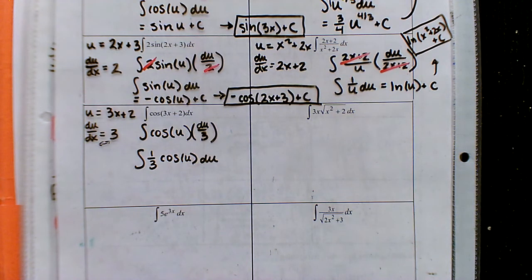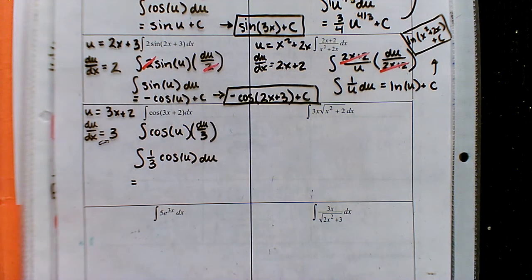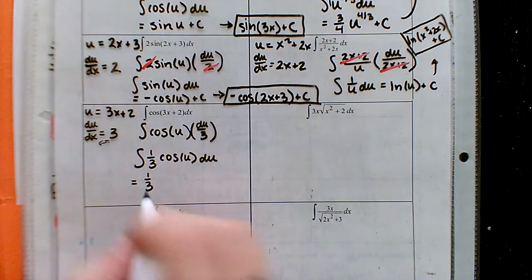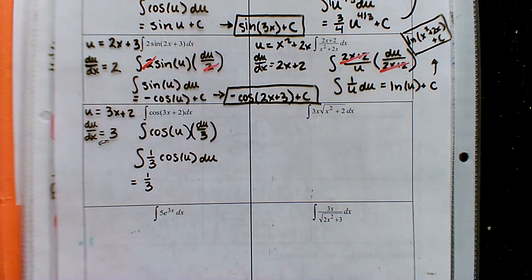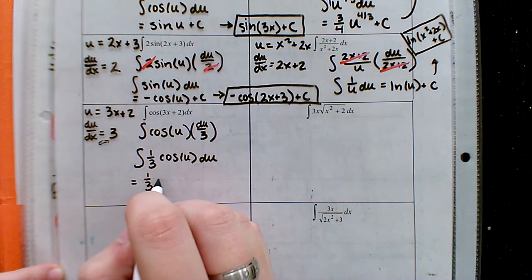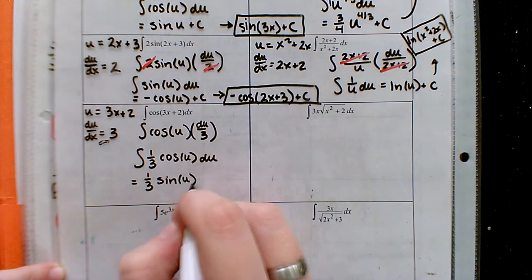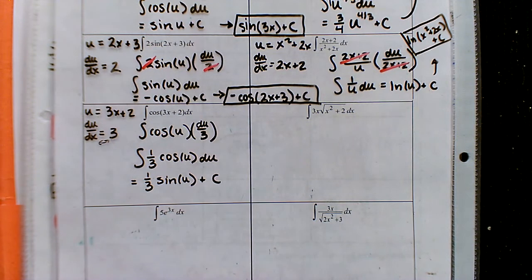Can we work backwards from 1/3 cosine of u? It would be 1/3 what? Just sine. Just sine of u plus c.